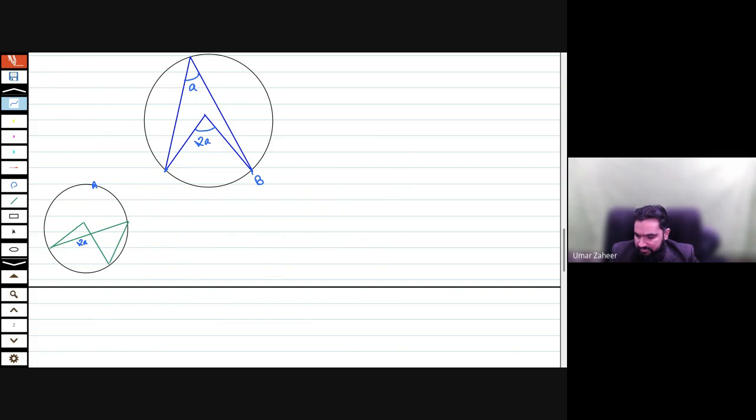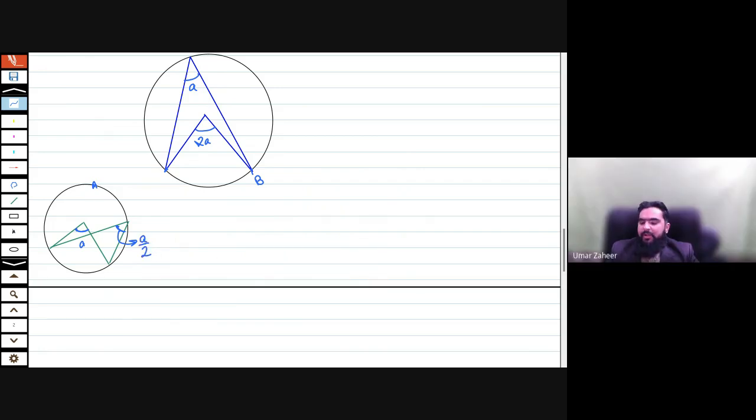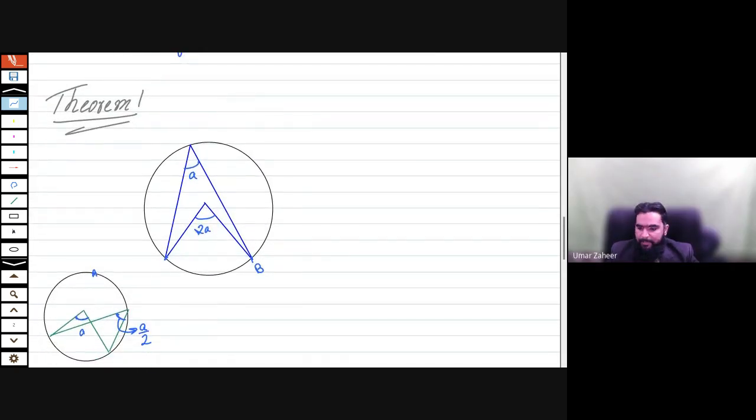Look at here, the same thing. It is at the center and it is at the circumference. If the central angle is A, what is the circumference angle? A by 2. It will be the half. This is the first theorem.